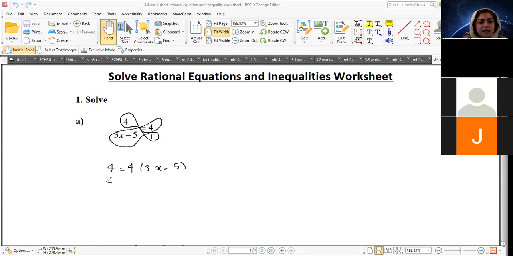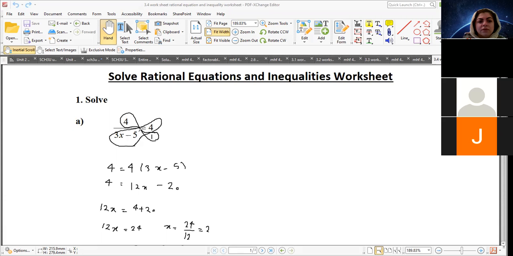I expand both sides. 4 multiplied by 3x is 12x minus 20. So I bring 12x to this side and I bring 20 to the other side, it becomes positive 20. So 12x equals 24. x equals 24 over 12, which is 2. Got it?